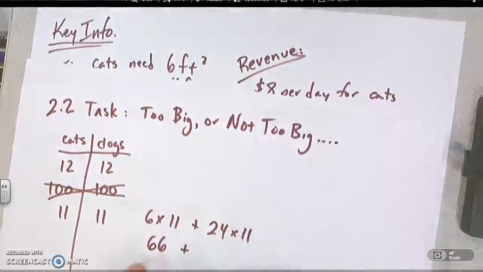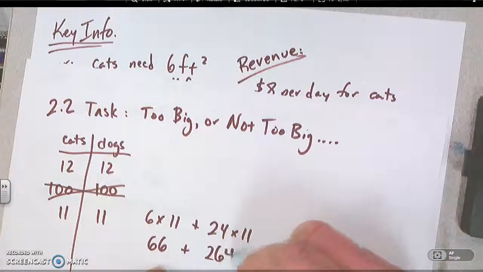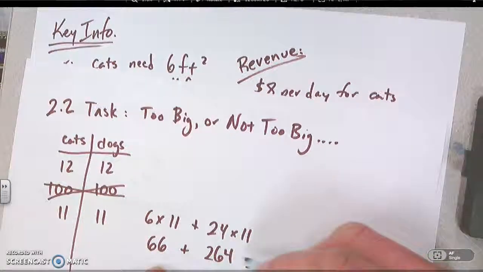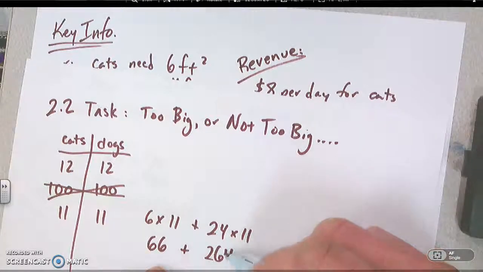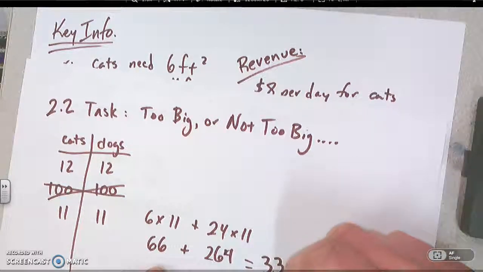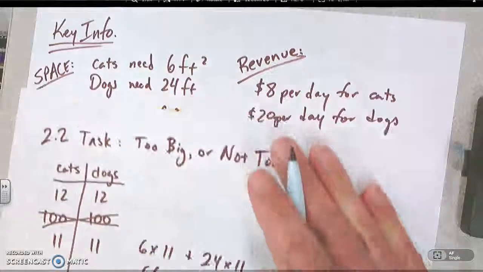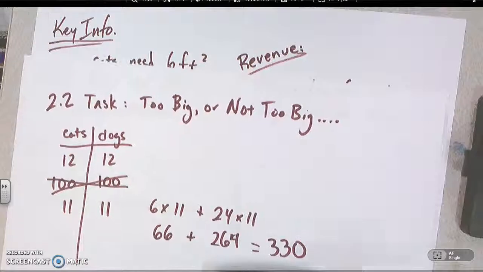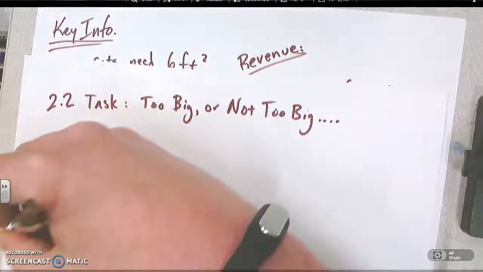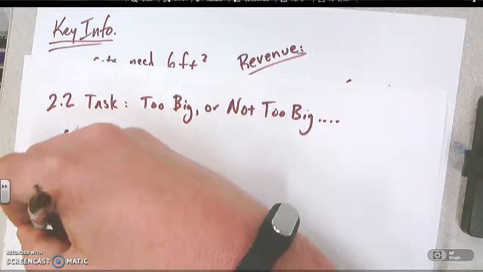And it's 264. Okay. Let's see. 264 plus this, that would be 270. Plus, let's see, 330. Okay. And that is okay. That will fit within there. So, 11 and 11, not too big.